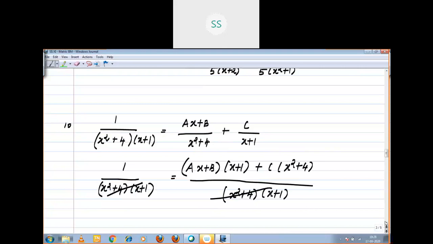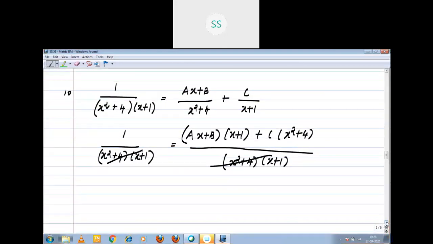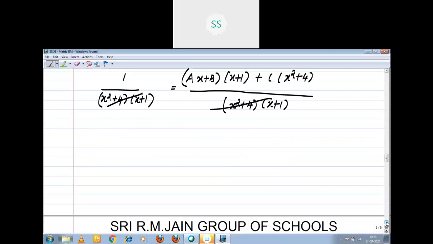Now the denominators are vanished. Now put x equal to what can we assign? Put x equal to −1. Then what do we get?